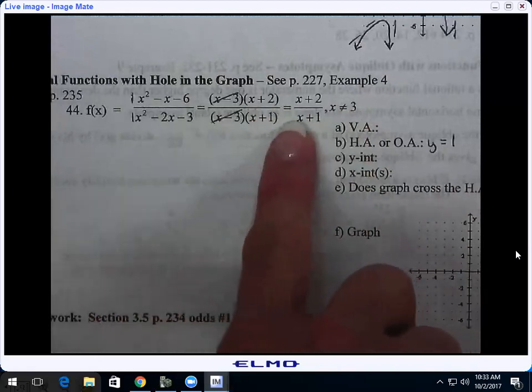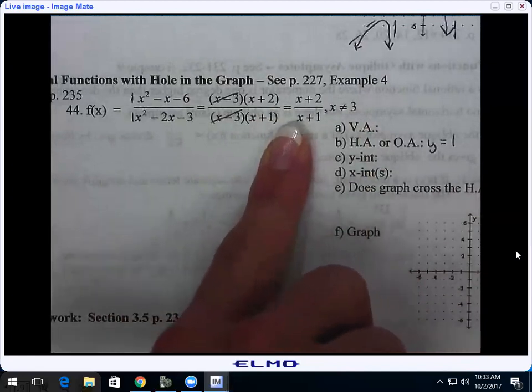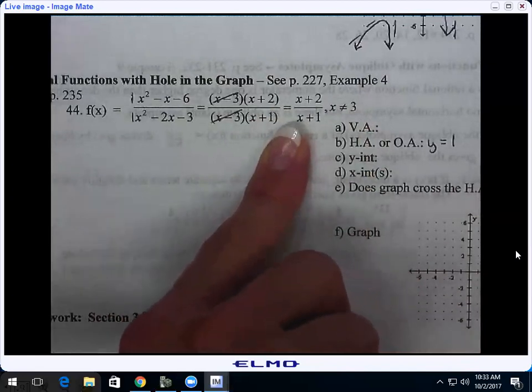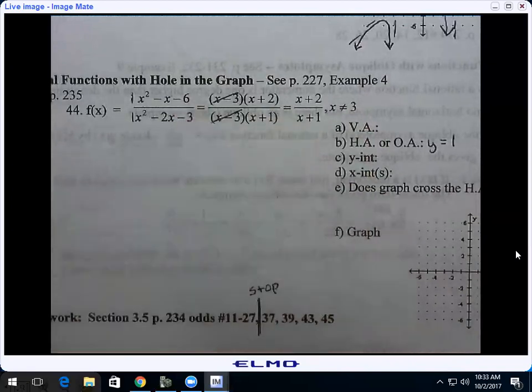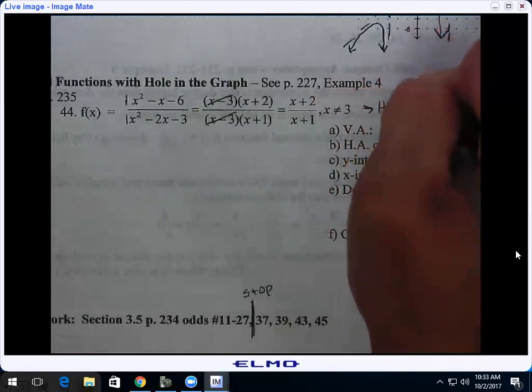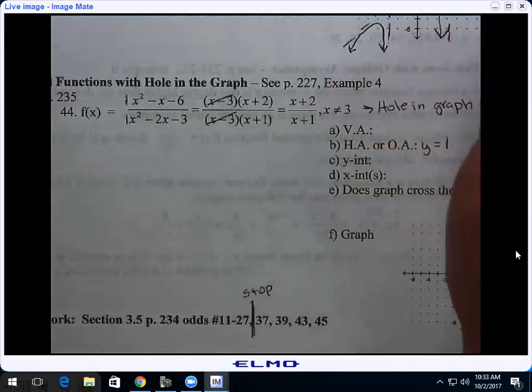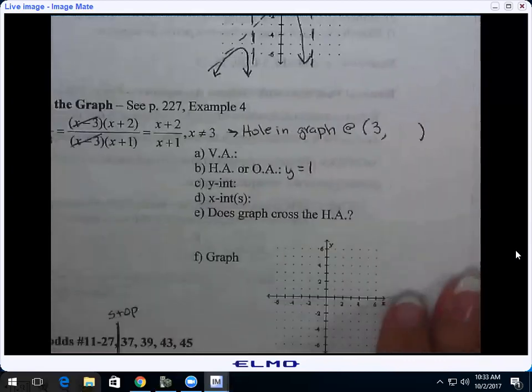So what does that mean about the graph when you cancel out a factor that has an x in it? Can you just ignore the fact that you canceled out an x minus 3? That actually means there's a hole in the graph at 3.